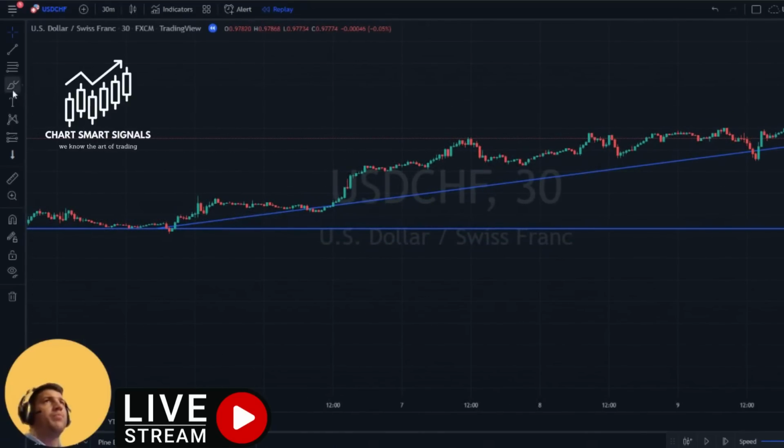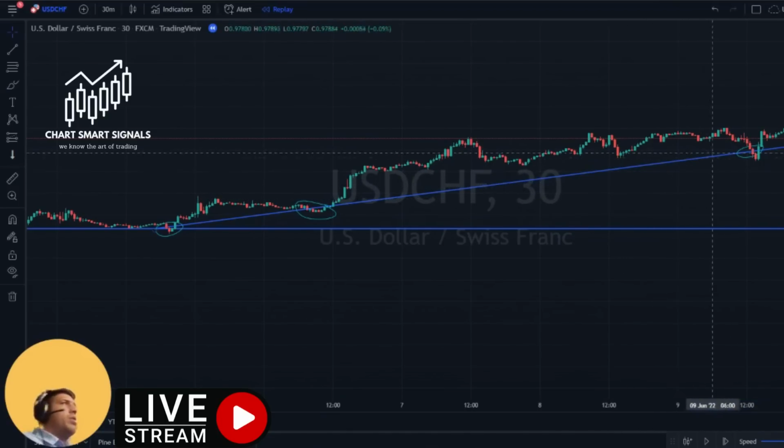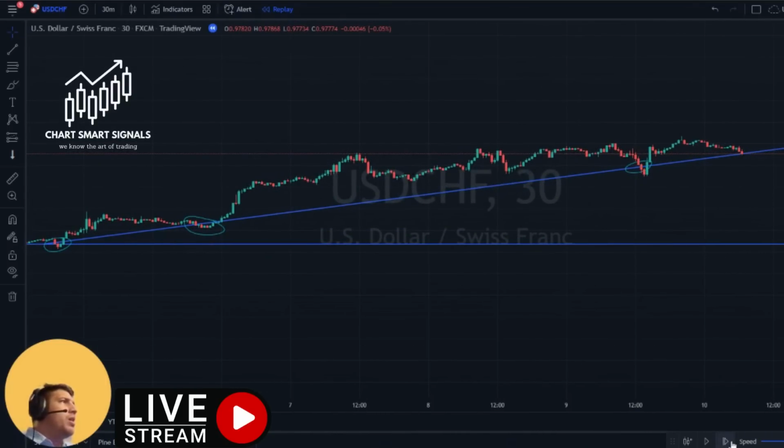Worked over here, worked over there, a little fake break over there, fake break over there, but it worked pretty well over there. Let's see what happens. We're going to look for a long position.